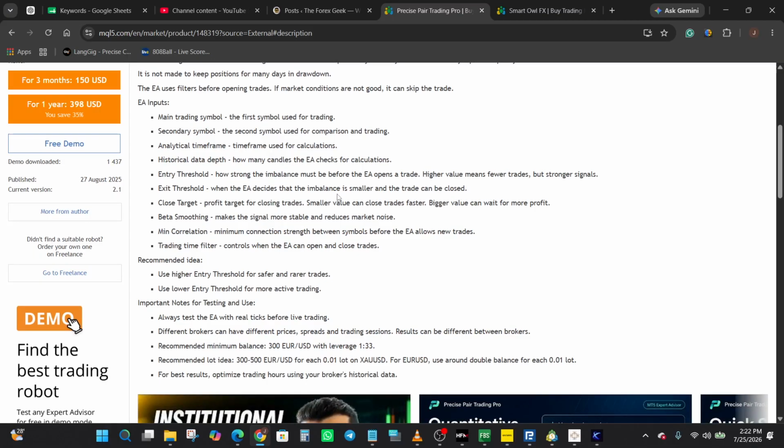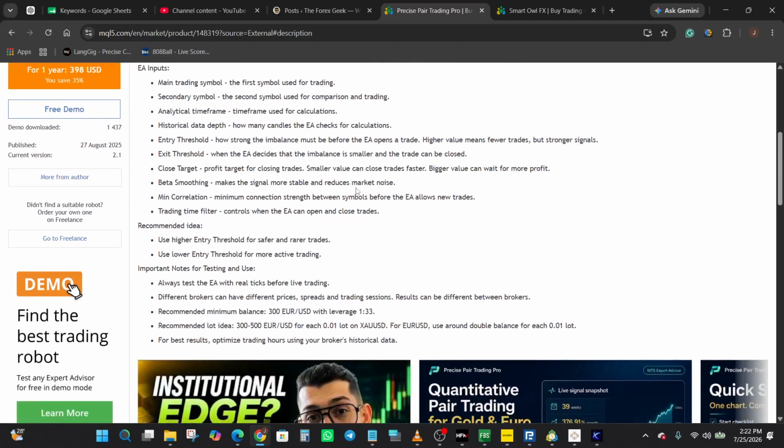There is also an exit threshold for closing once imbalance shrinks, a close target for the profit level, better smoothing to reduce noise in the signal, a minimum correlation requirement between the two symbols, and a trading time filter. The developer's own recommendation is straightforward: raise the entry threshold for safer, rarer trades, or lower it for more frequent activity.